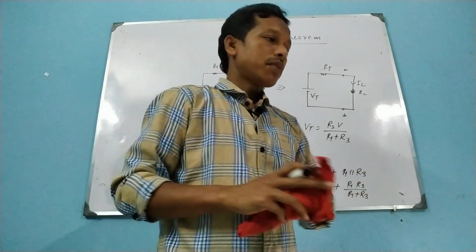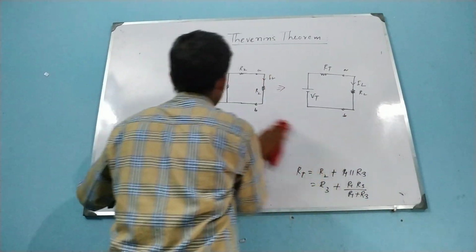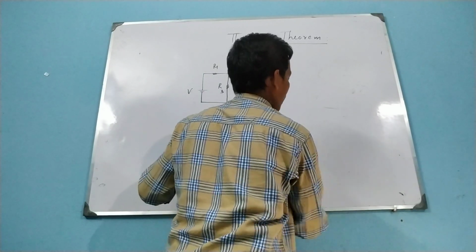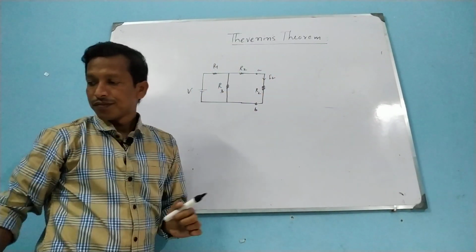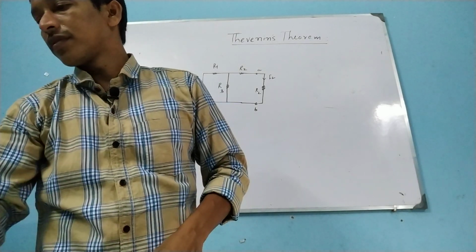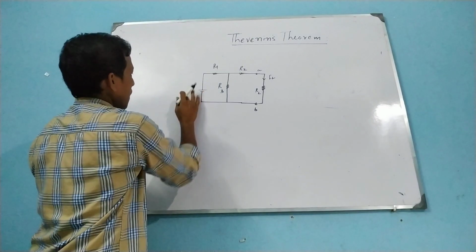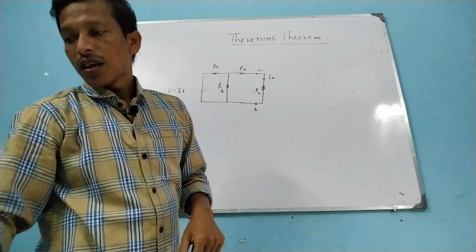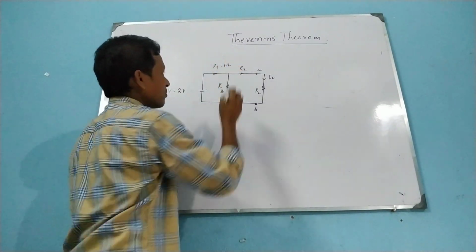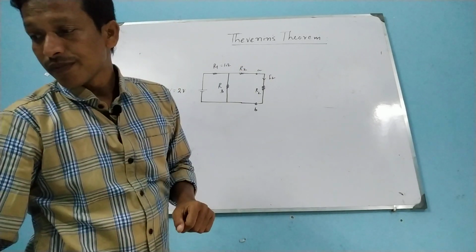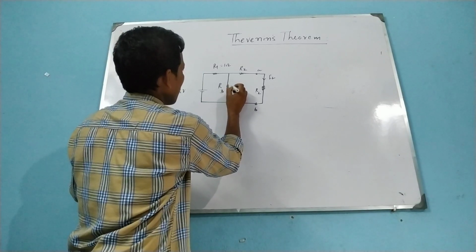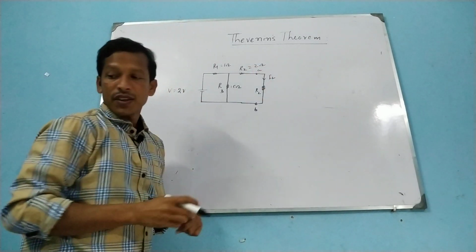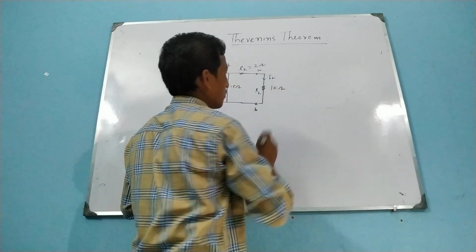Let me show you one example. Let us consider a circuit where supply voltage V is equal to 2 volt, R1 is equal to 1 ohm, R3 is equal to 5 ohm, and R2 is equal to 2 ohm, and RL is equal to 10 ohm.